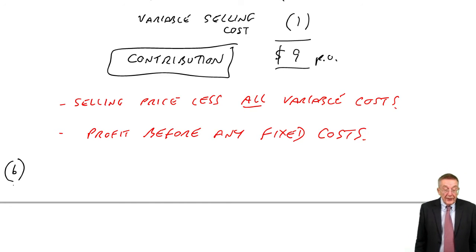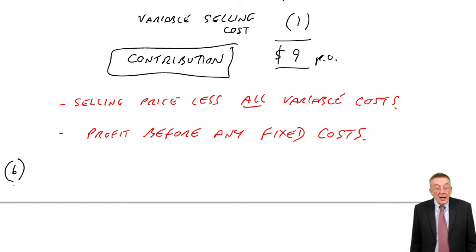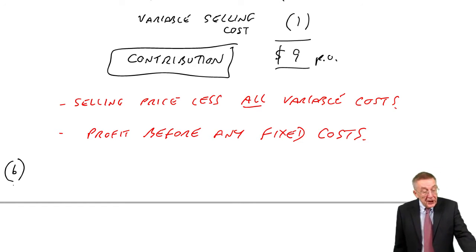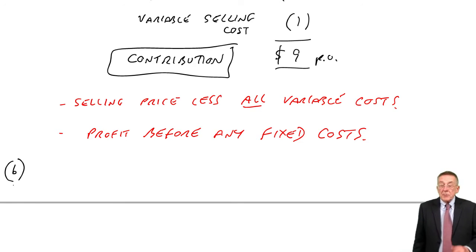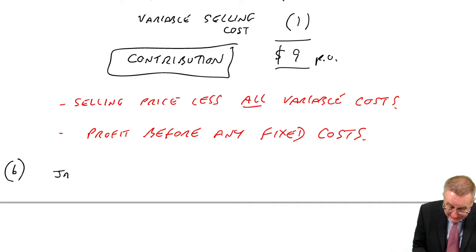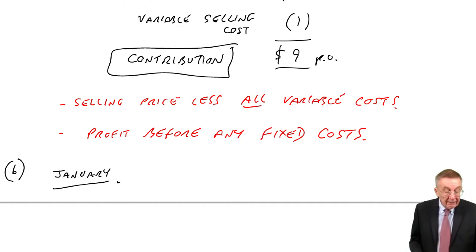It says set out profit statements. Now again, I will do a profit statement in a moment. But let's see, just for January, how much profit do we expect to make? In January, we're selling 9,000 units.